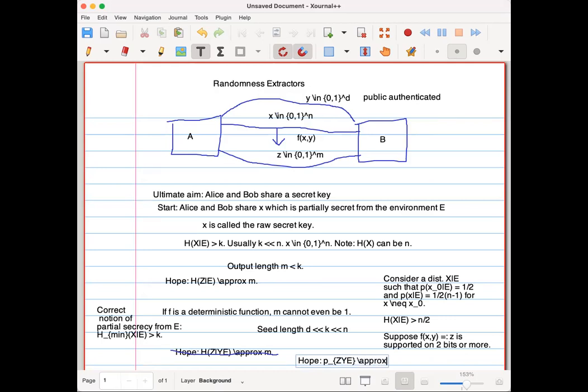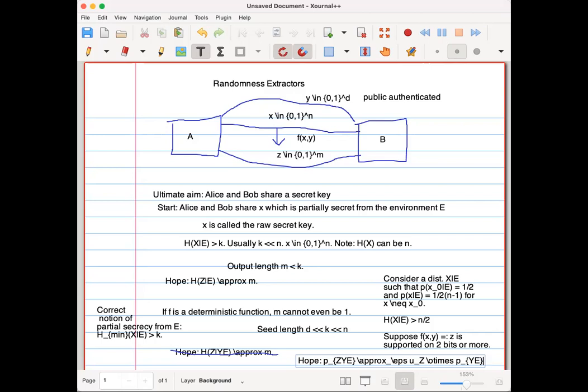This means it is close in the L1 norm to the uniform distribution on Z, times whatever is there on Y and E, so it is the marginal on Y. This is what I want, and this will work for my composability requirement. P_ZYE is the output of the randomness extraction protocol.